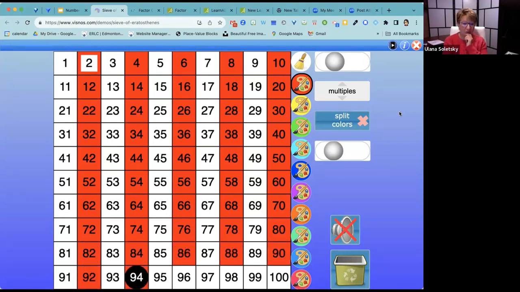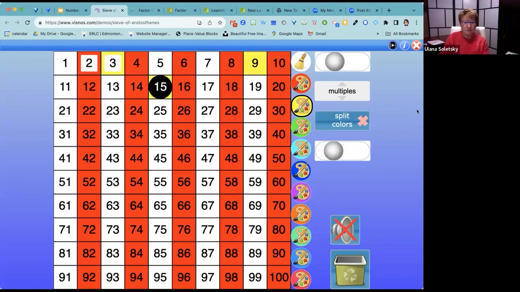And so if I wanted now to go to yellow and I choose the multiples of 3, so this is something I would use on my smart board while the kids are coloring in their own sieve.